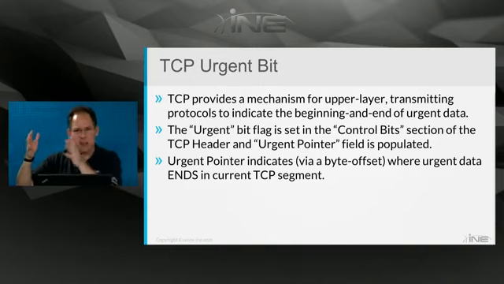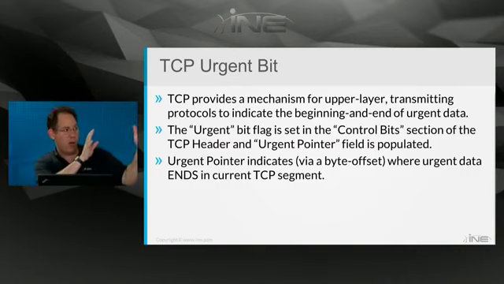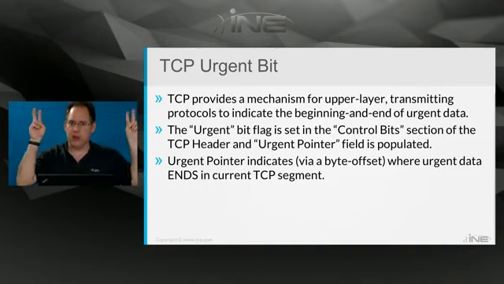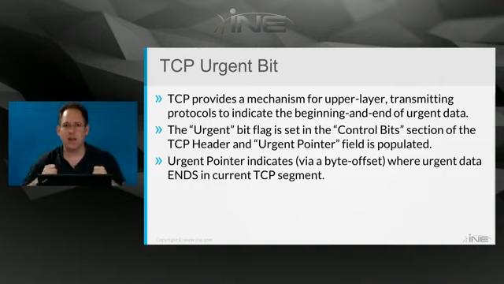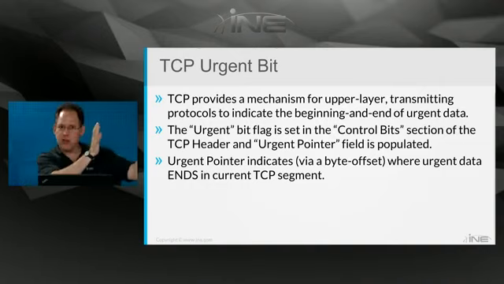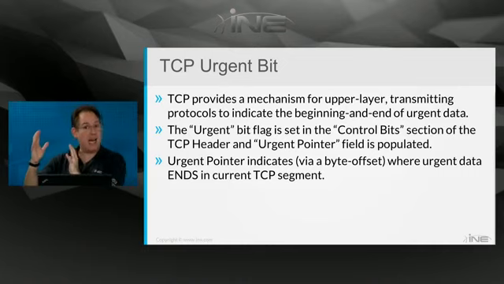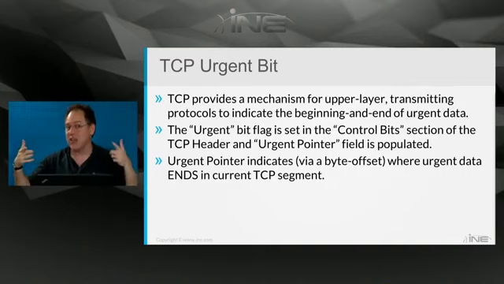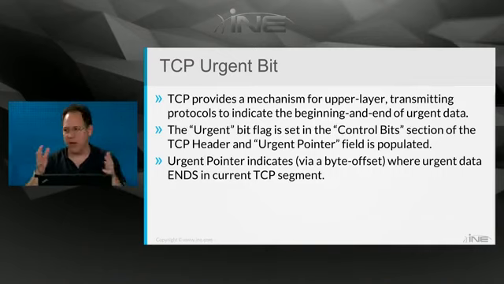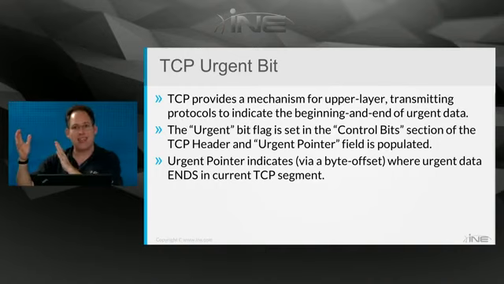So maybe there's a segment that's already got 50 or 75 normal bytes in it, and now TCP looks at this buffer and says, oh, there's some more stuff here that's urgent. Okay, so what's TCP going to do? Well, it's going to take those urgent bytes and pack them behind the normal bytes, so it's not necessarily going to start a brand new segment just because these bytes are urgent. It's probably not going to do that. If it's already got a segment in partial creation, it's just going to take these urgent bytes and add them to whatever data is already in there.